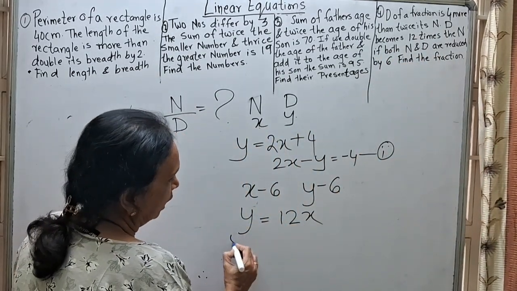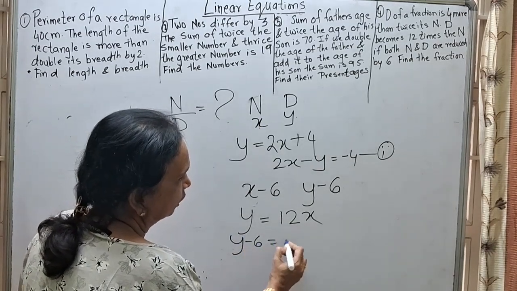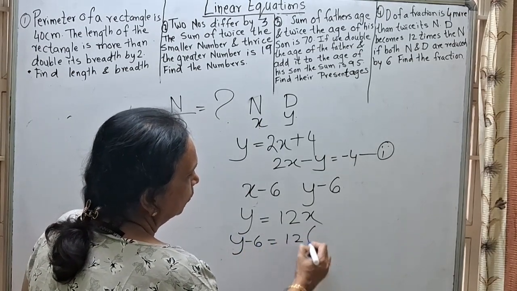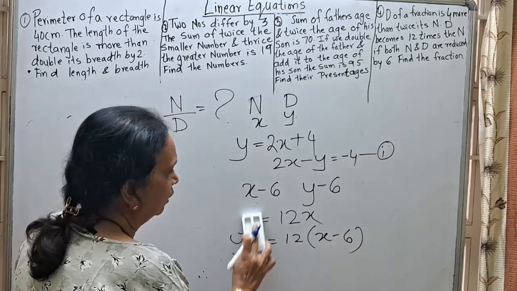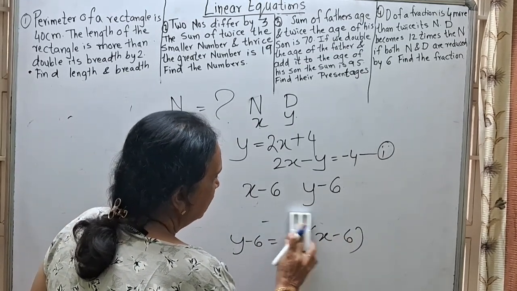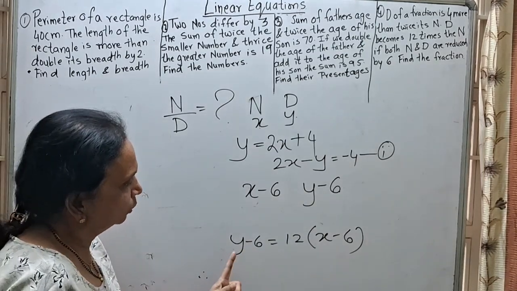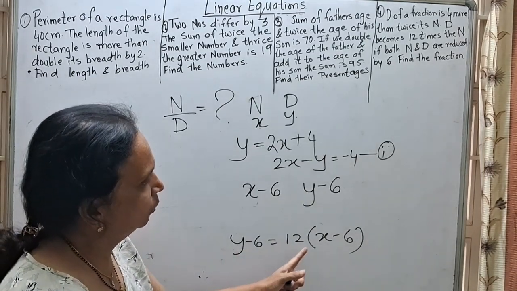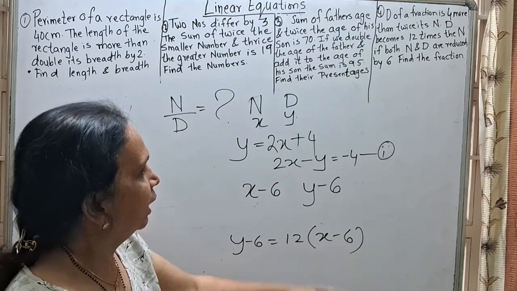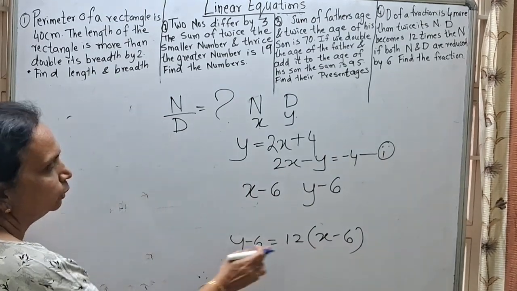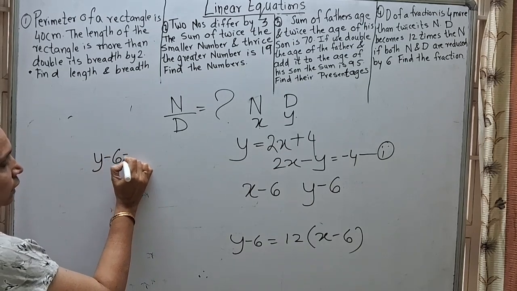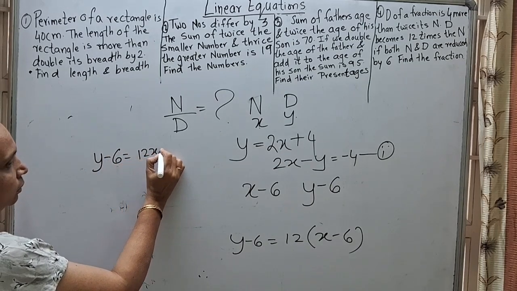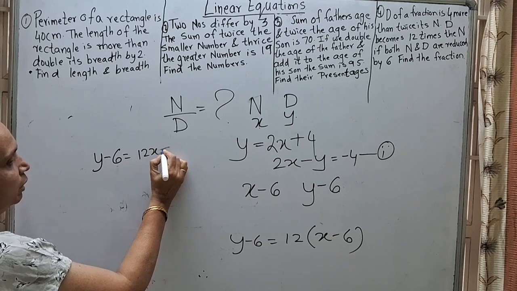So here I am going to write y minus 6 is equal to 12 into bracket x minus 6. This is the simple meaning of what I have written, and it is reduced by 6. Now I am going to simply solve this. y minus 6 is equal to 12x minus 72.